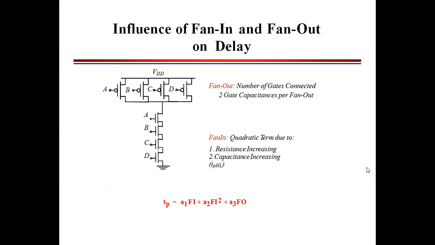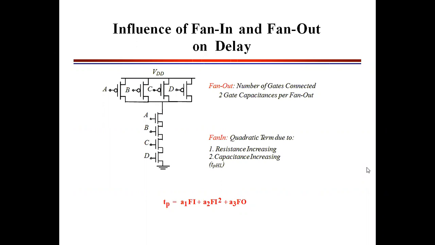For fan out, the number of gates connected times the gate capacitance per fan out; in this way you can calculate the delay. In the case of fan in, you have to consider the increase in resistance and the increase in capacitance. So what will be the total equation?